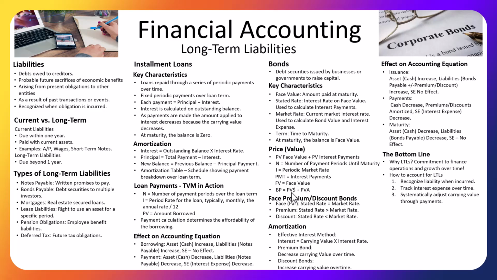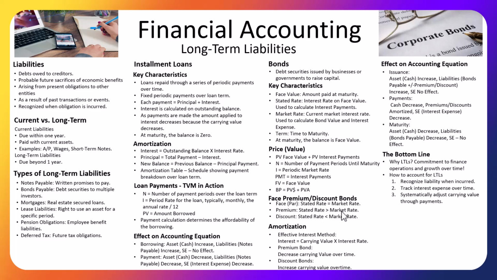The price of the bond or its current value is determined by computing the present value. When the stated rate equals the market rate, the bond sells at face value. We call this selling at par. But what if rates don't match? If the stated rate is higher than the market rate, the bond sells at a premium above face value.